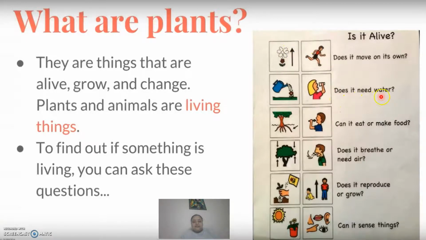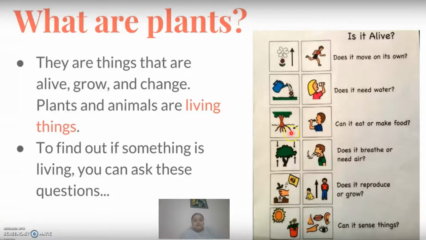Does it need water? Like we need water for living. Do plants also need water? Yes, we give water to plants, so that means that plants also need water to grow. Can it eat or make food? Like humans can make food also, and they can eat it also. Similarly, plants also make food.